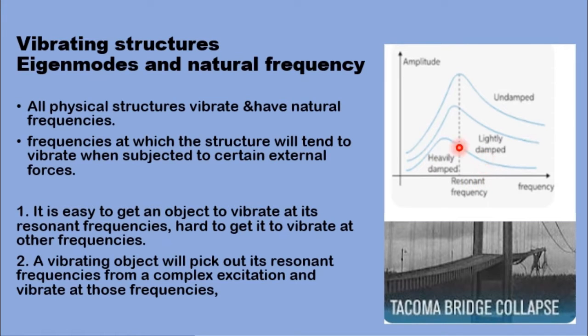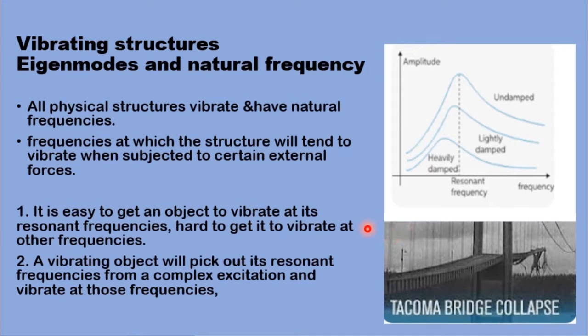Anything with a mass will vibrate, be it a playground swing, strings of a piano or a guitar, a pendulum, a bridge, or a larynx. The natural frequencies will be dictated by the physical properties of that structure or object.